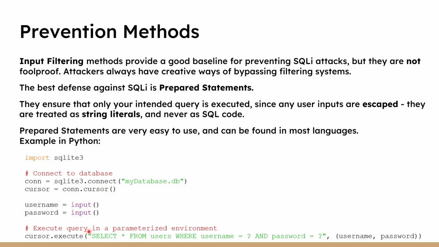You input your query with question marks, and these question marks will be replaced with whatever you pass in over here, and whatever you pass in will never be treated as code. It's that simple. No more string concatenation. It even looks cleaner in the code.